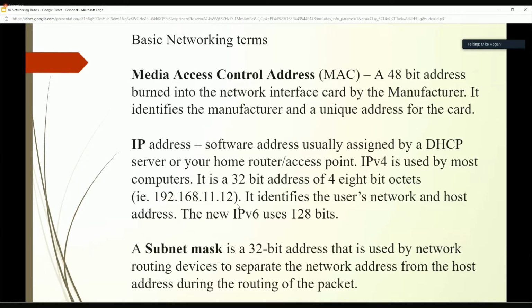We typically don't use that address. We'll find out that it has a special association. So really up to 254 would be a host on the 192.168.11 network.